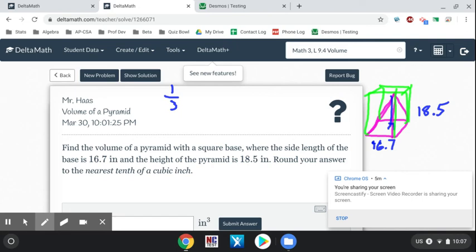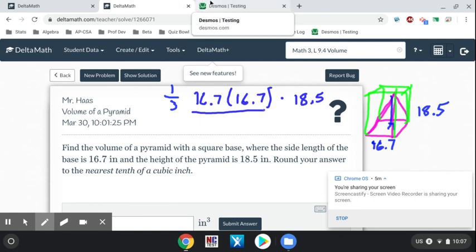That's why you get that 1/3 there as part of your formula for these pointed things, whether it's a cone or the pyramid. 1/3 times the area of the base. Since the base is a square, the area would be 16.7 times 16.7, because the length times the width would give me the area of any kind of rectangular shape, including a square, and then multiply that by the height. So it's 1/3 the area of the base, times 18.5.